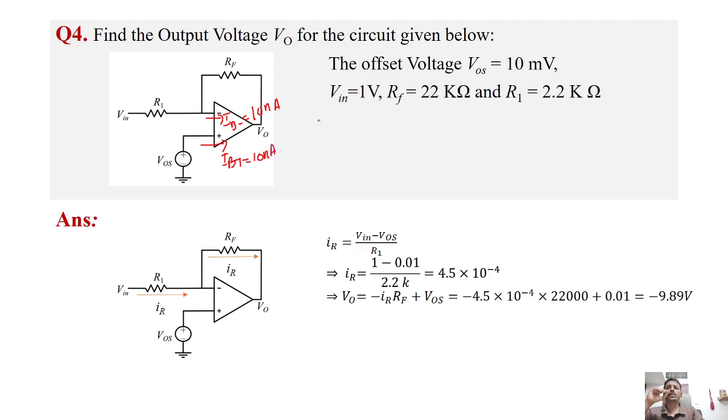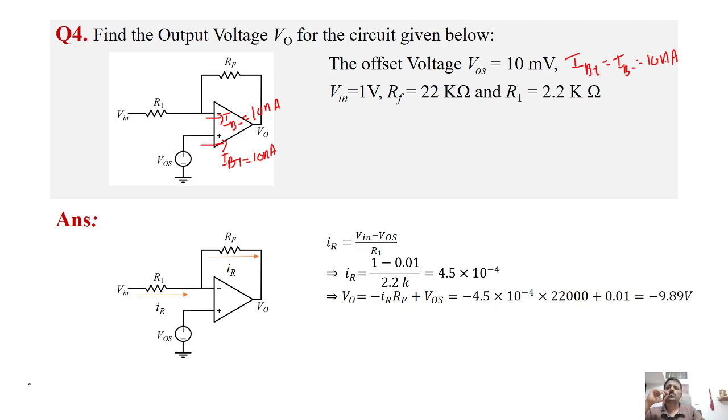This is not the same question, but say for example they have also mentioned the IB, IB plus equal to IB minus equal to 10 nanoampere. So what we will do? The only thing is we have to subtract this current.